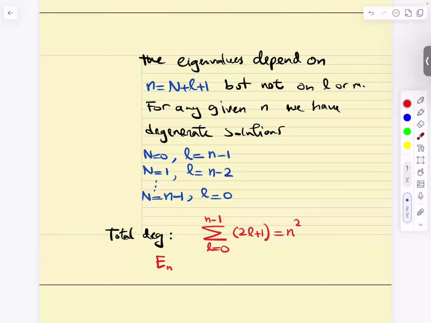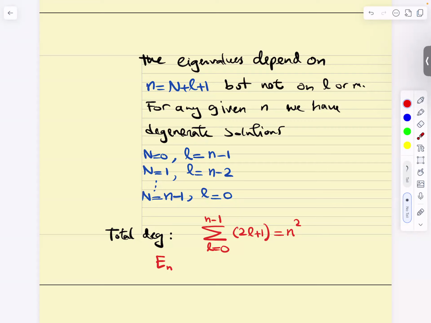For fixed E_n, I'm looking at the number of states that have this energy. So one way to arrange for it is this setup, L equals n minus 1. How many states with this configuration are there? 2L plus 1, exactly.